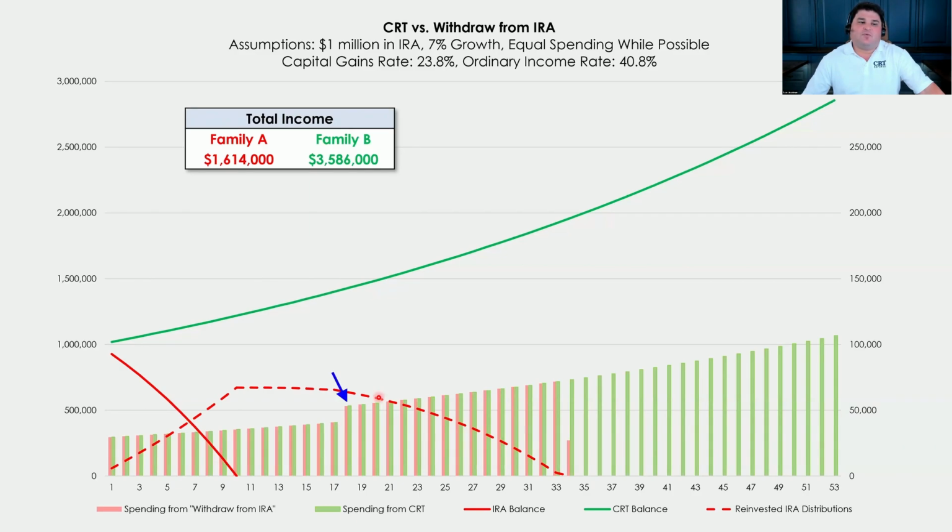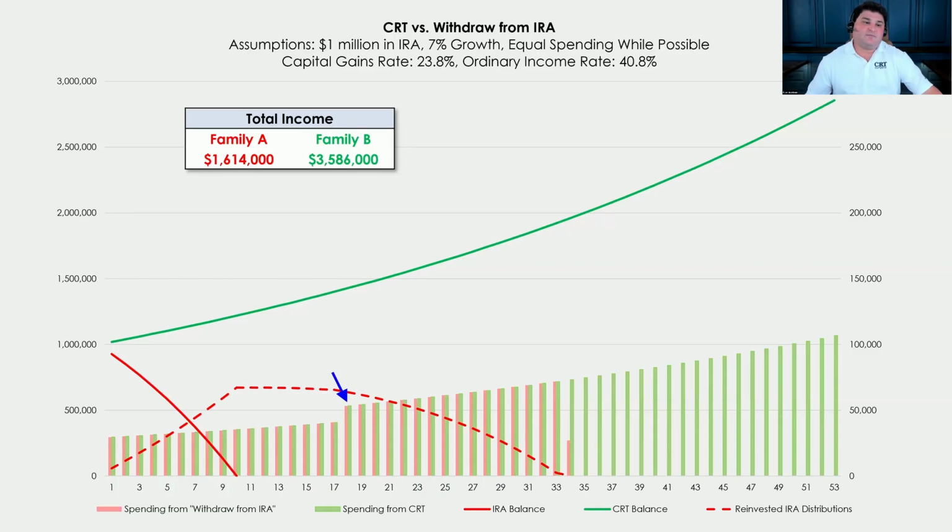So as we can see here, why do we see this little jump? Remember when we talked earlier, when the IRA assets are transferred to the CRT, that value sits in the ordinary income tier. So the first $1 million of distributions are going to be taxed as ordinary income.